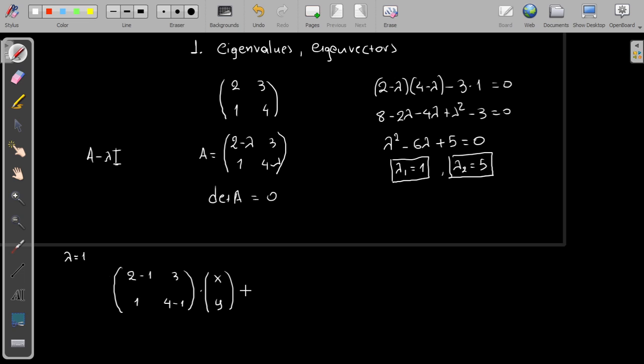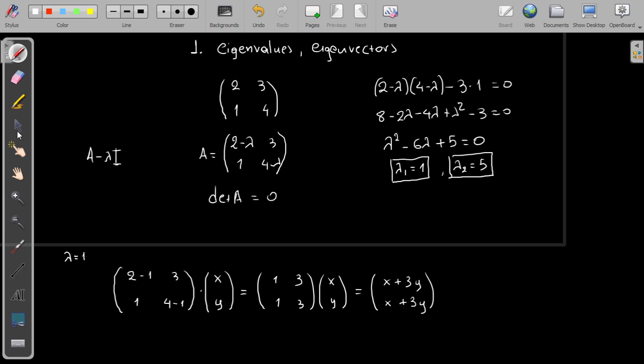So as to find the values, this is going to be 1, 3, 1, 3, times x, y, which is going to be x plus 3y, x plus 3y.